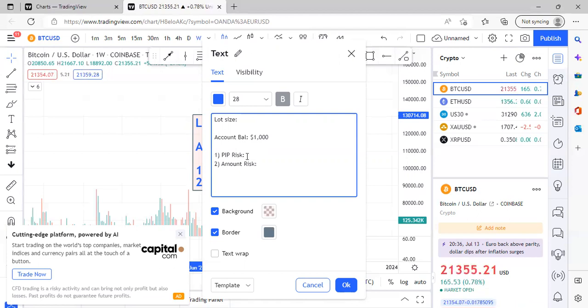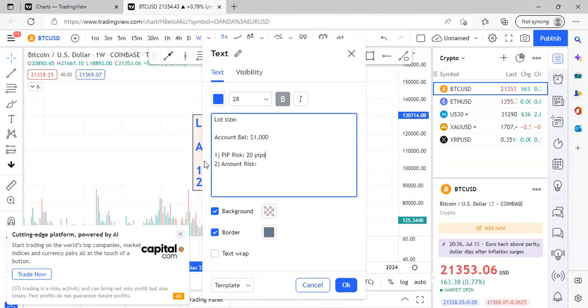For me personally, I don't do more than 20 pips in the market. You as well can decide or choose the pips you want to risk in the market. It doesn't mean you should go for 20 pips.